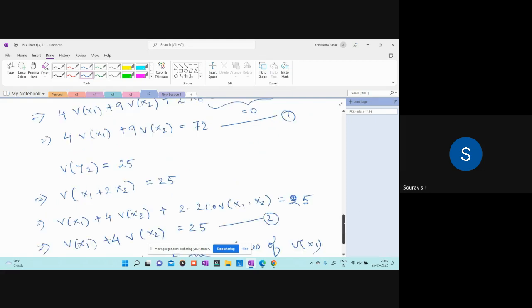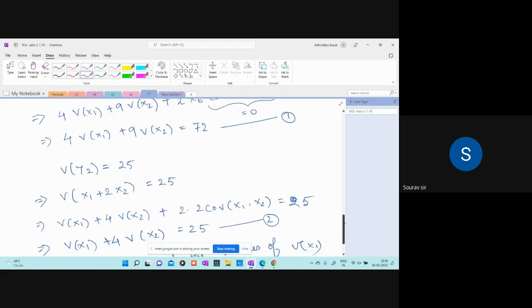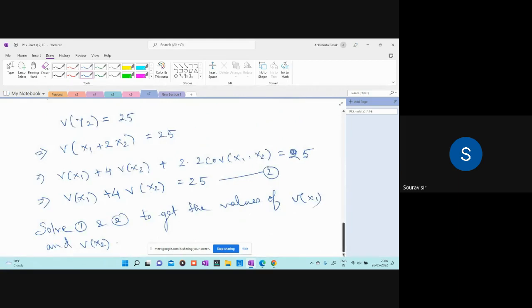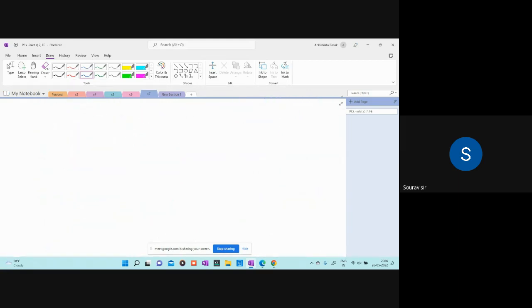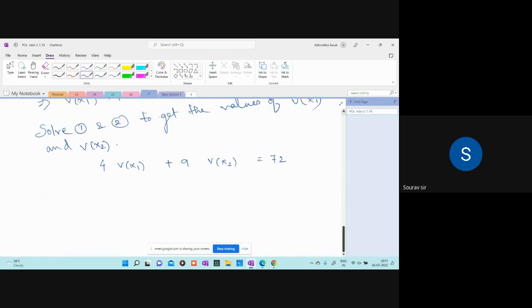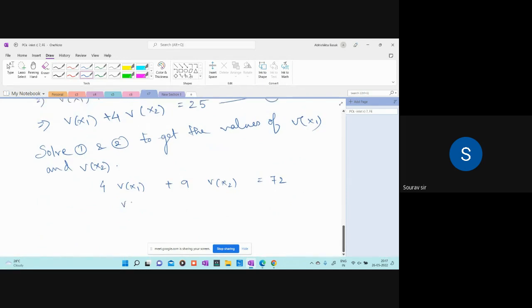Equation 1 was 4 variance of X1 plus 9 variance of X2 equals 72, and equation 2 was variance of X1 plus 4 variance of X2 equals 25.